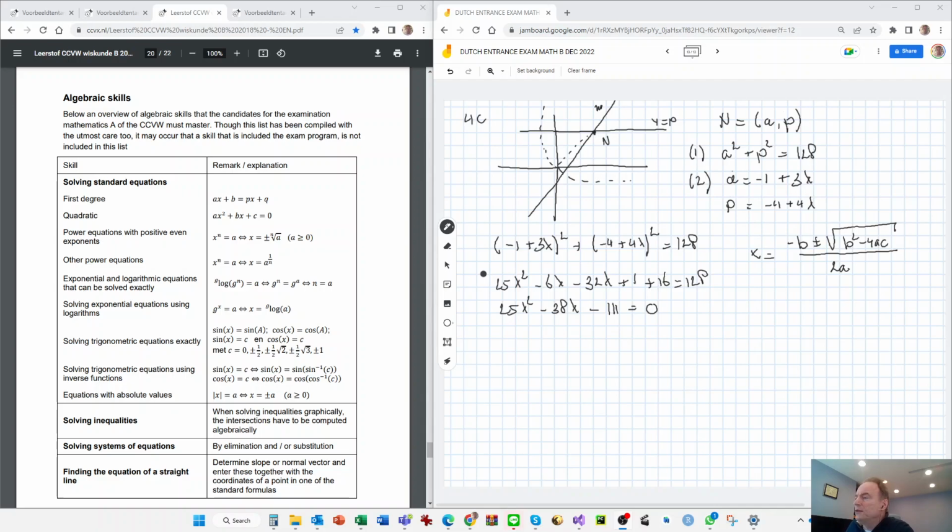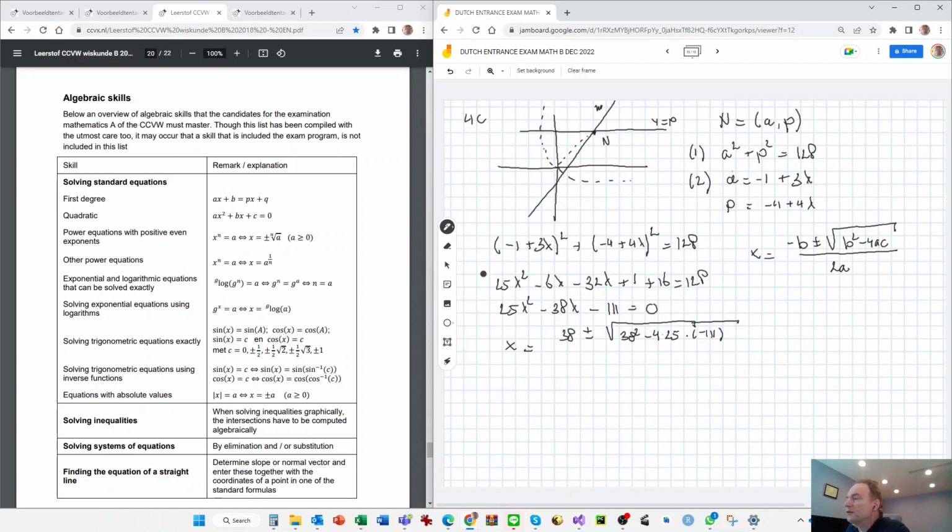Alright, so I got x is, well, b is minus 38. I got 38 plus or minus the square root of 38 squared minus 4 times 25 times minus 111.